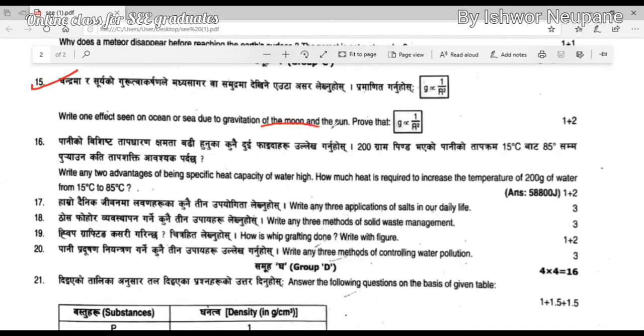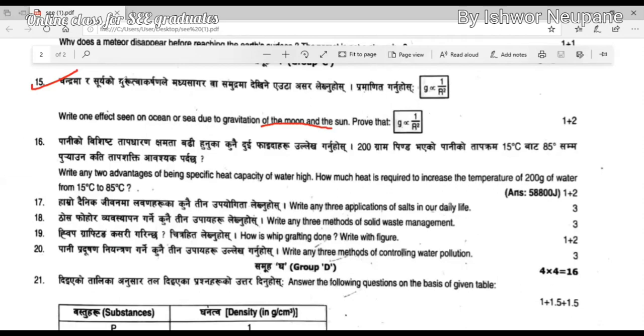So what is the effect? Tides occur. Tides occur because of the gravitation of the moon. And prove that g is proportional to 1 by r square. Can you prove this one? Please find the solution and do it accordingly.